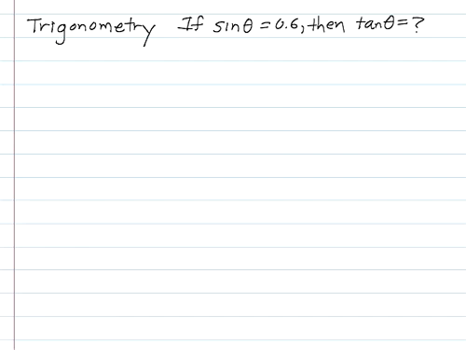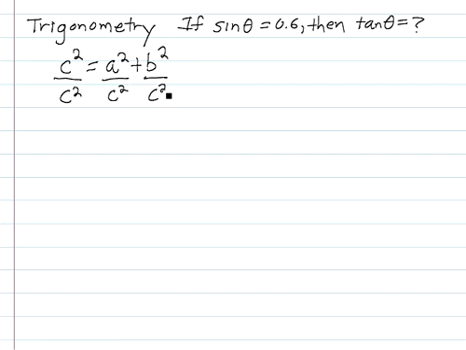So if you start with the Pythagorean theorem, which says the hypotenuse squared is equal to the sum of the squares of the other two sides, if you divide every term in the Pythagorean theorem by the hypotenuse squared, so I'm going to do that. The symbol for the hypotenuse is c.